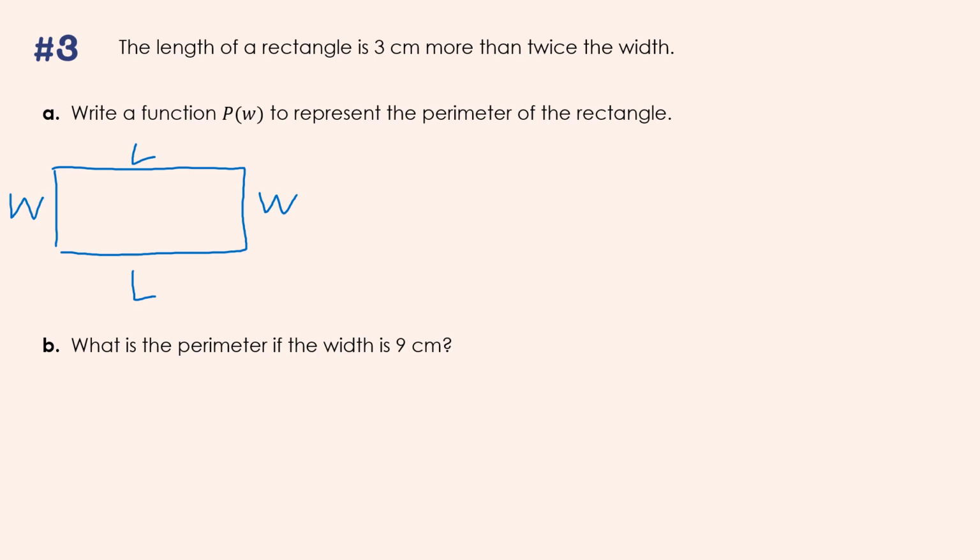But we know something about the length. We know that the length is 3 more, which means you're adding 3, than twice the width. So what we can do is, instead of writing L, we can take those L's out and we can replace them with 2W plus 3.